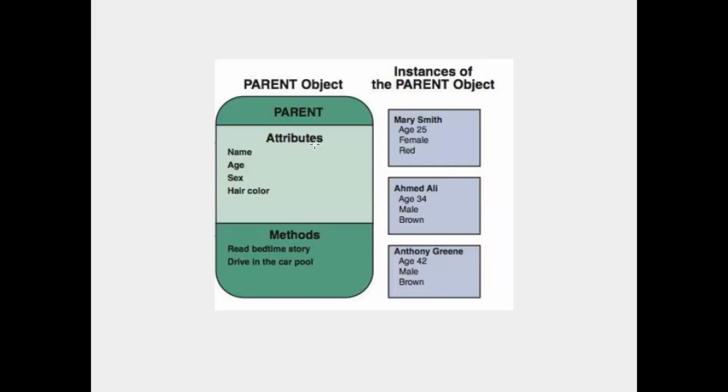So in this particular example, you will see a parent object. So you will see a parent and there could be a set of attributes as well as methods. And then we talk about something called an instance, right? So when you're creating a parent object, for each of these attributes we have a set of values.